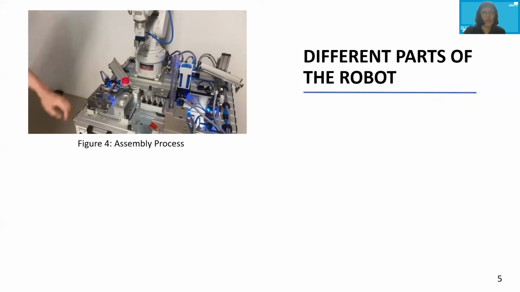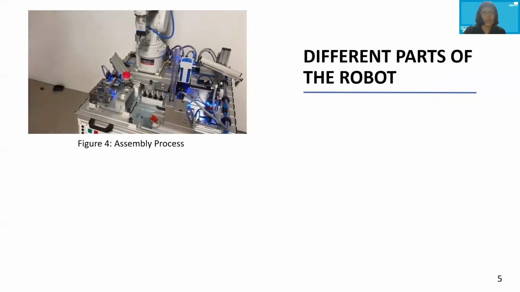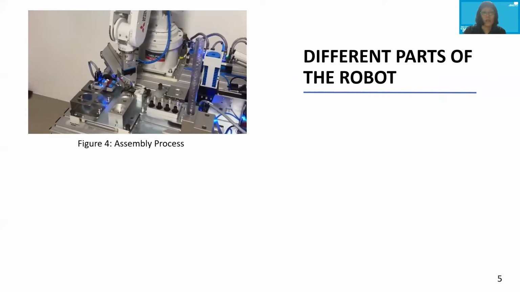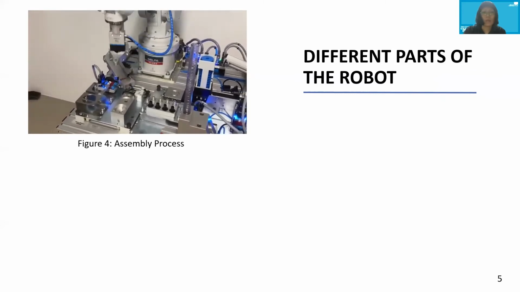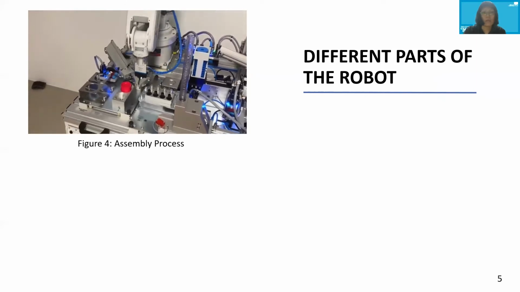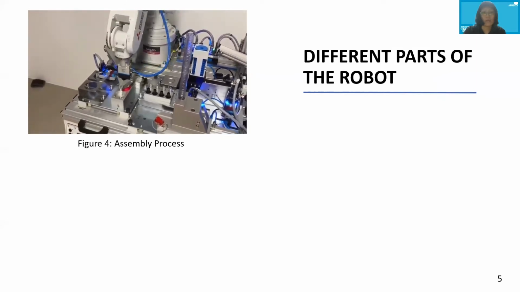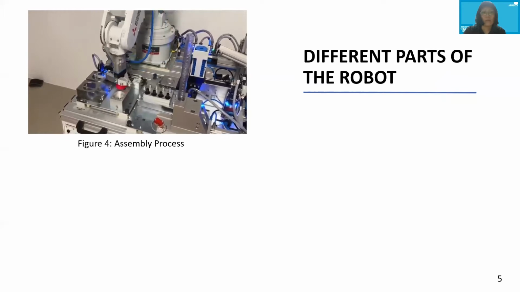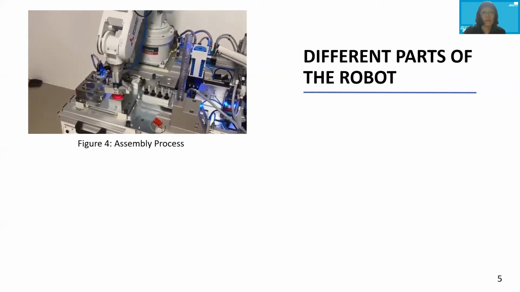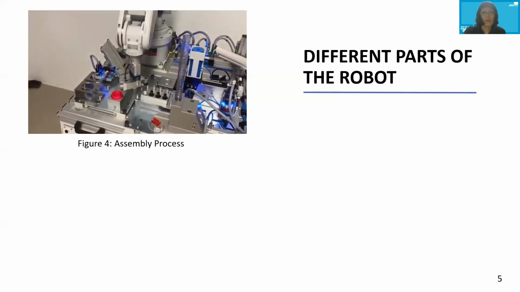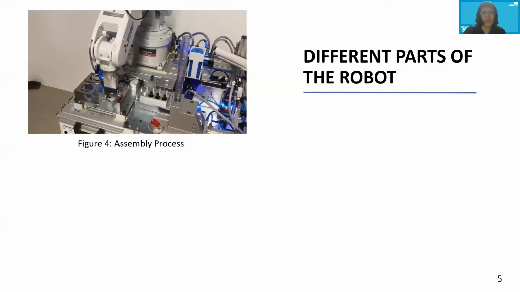So you can see the student loading in the red workpiece and pressing the start button. So the robot arm picks up the workpiece and put it in the assembly retainer. So now it picks up a black piston and put it inside the workpiece.